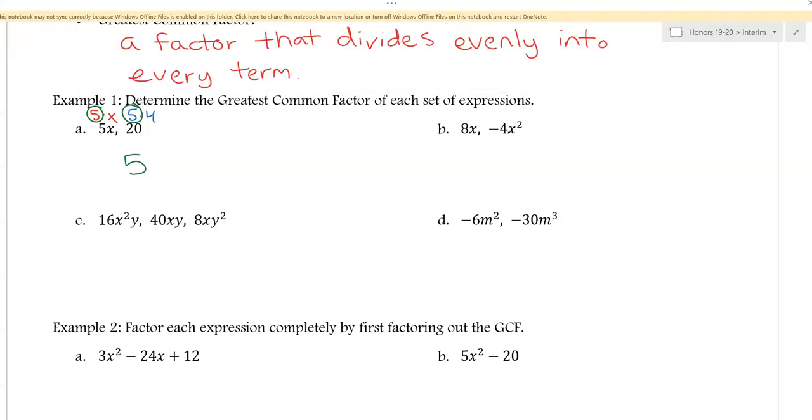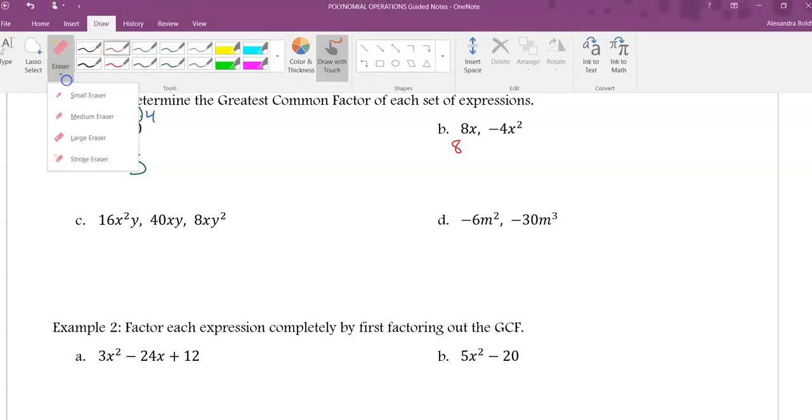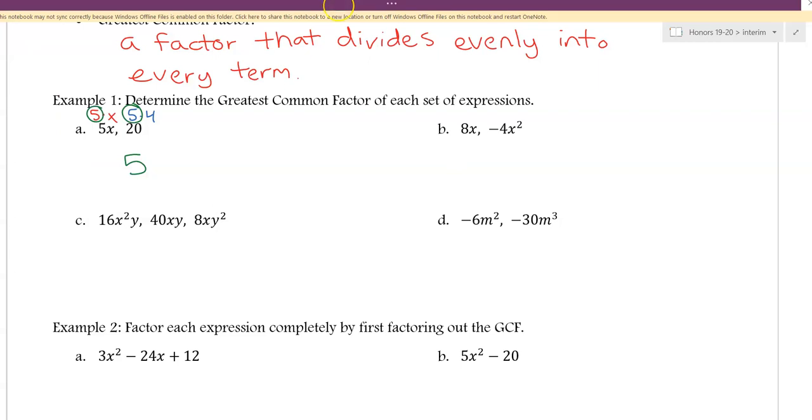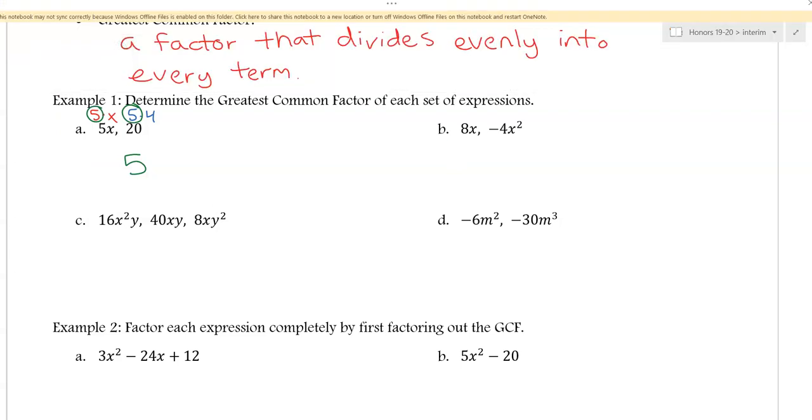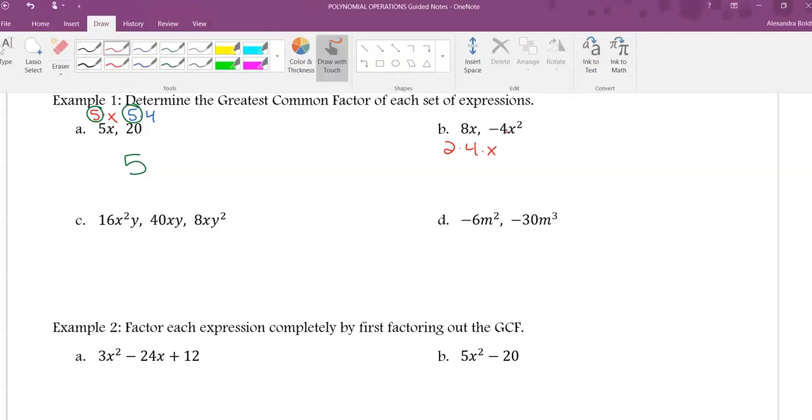This 8x is 8, nope, I'm going to break it down even more. 2 times 4 times x. I could break that 4 down into 2 times 2, but I see that this has a 4. So some of it is breaking it down, and then some of it is logically starting to see what factors are going to be the same. And this negative 4x squared, we never really pull out a negative.